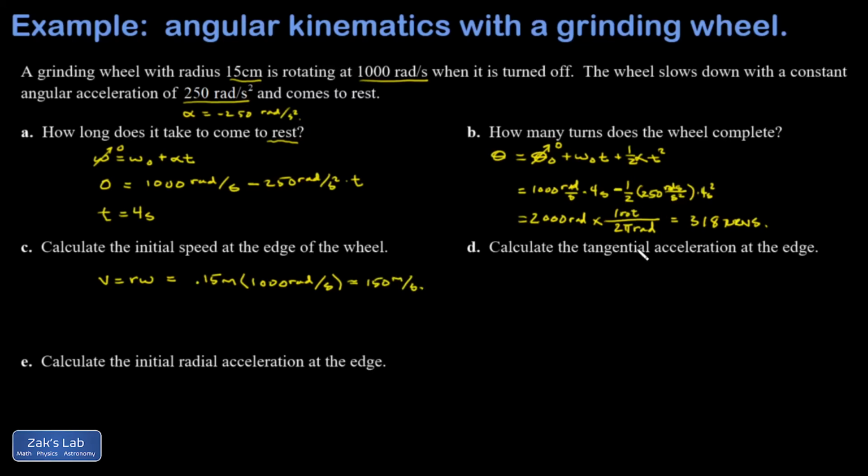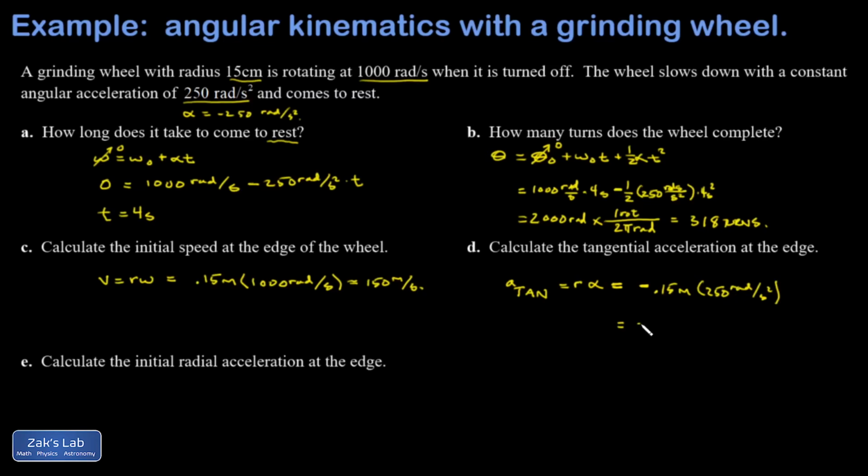Part D, calculate the tangential acceleration at the edge. Okay, a tangential is equal to R alpha. All right, and this is just telling me how fast the speed is changing at the edge of the disk. And I should probably keep the direction on this thing. So I'm going to have a minus sign, 0.15 meters, 250 radians per second squared.